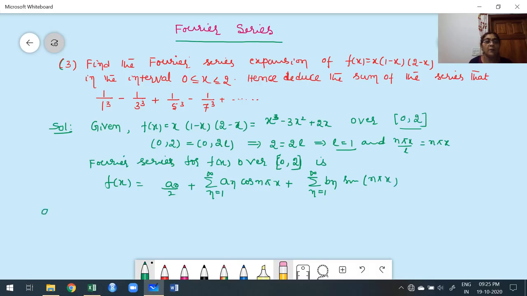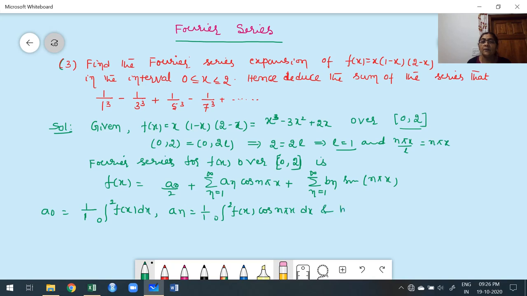Now what are the formulas for a0, an and bn? a0 is 1 by l, where l is 1, integral 0 to 2 f of x dx. an is 1 by 1, integral 0 to 2 f of x into cos of n pi x with respect to x.